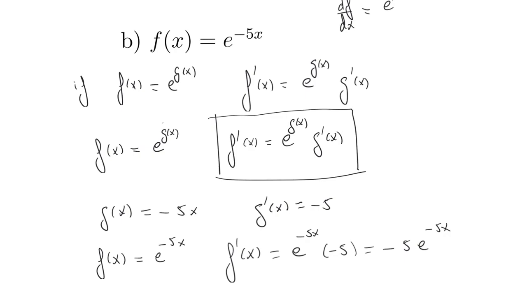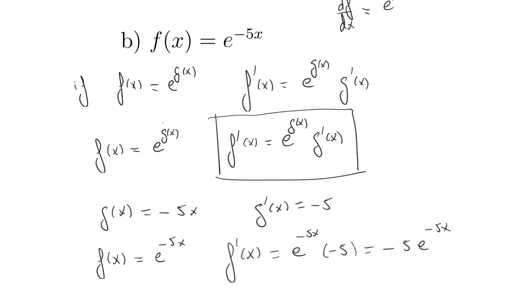So what we have learned in this question is that when you do the composition of two functions, you are applying the chain rule for this composition. It says that if f of x is e raised to the power g of x, the derivative is e to the power g of x multiplied by g prime of x.